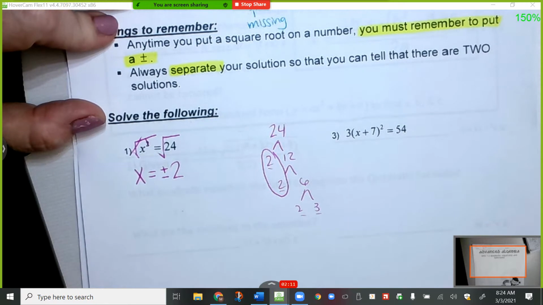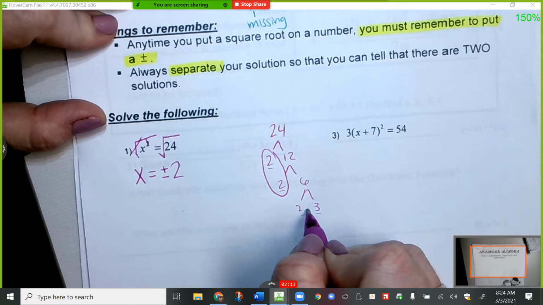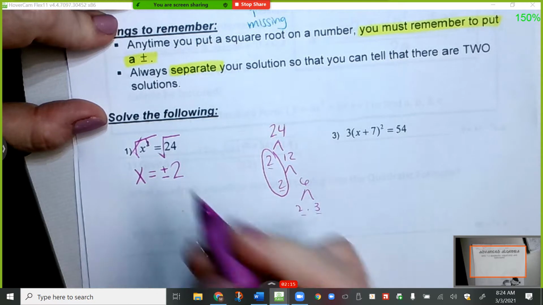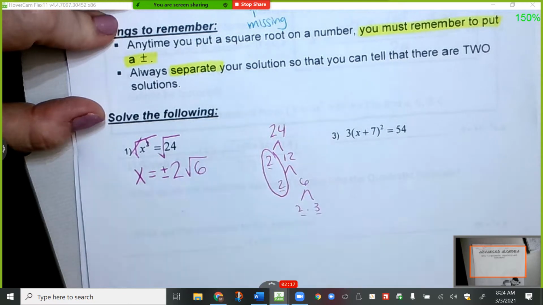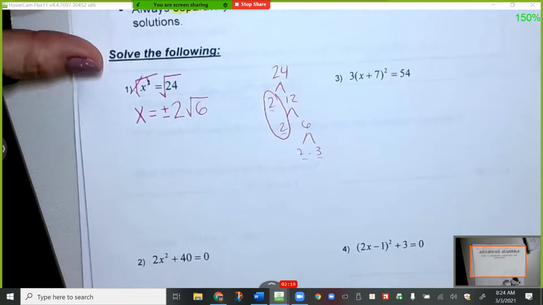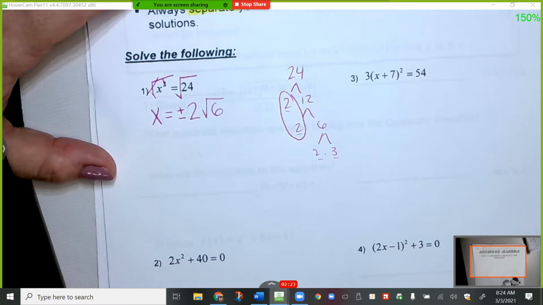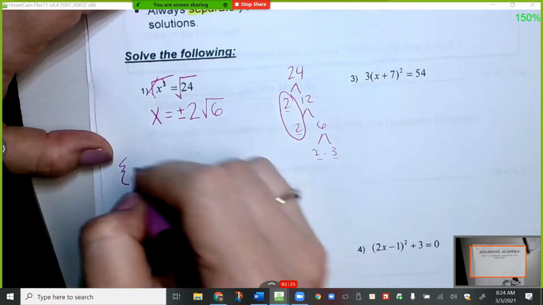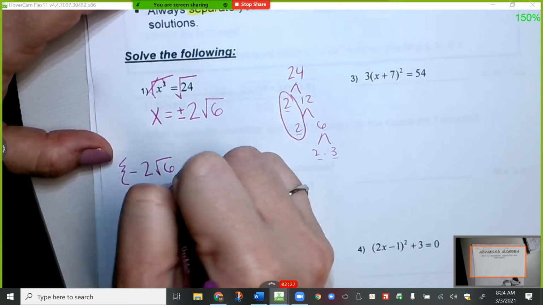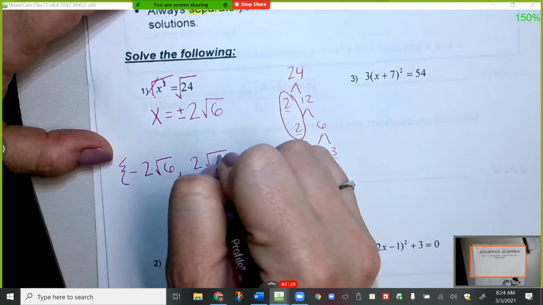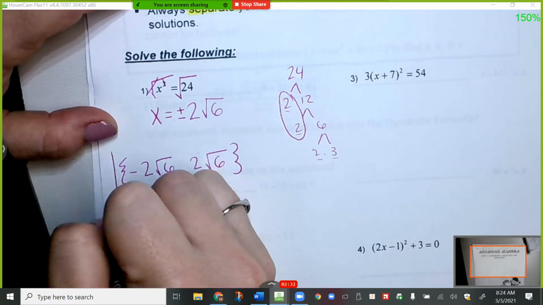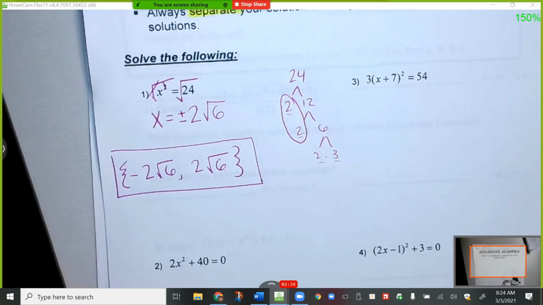No. So what's left over goes back on the inside. What's 2 times 3? 6. So this is my final answer. But I have a positive and a negative, so we have to separate because that's two solutions. So we have negative 2 square root of 6 and positive 2 square root of 6. There's your answer.